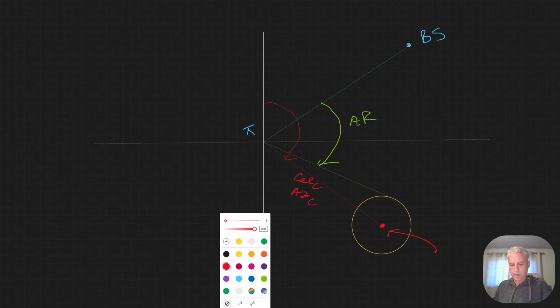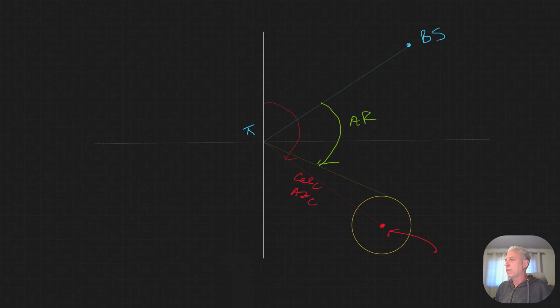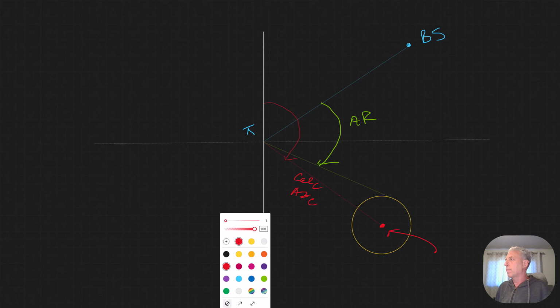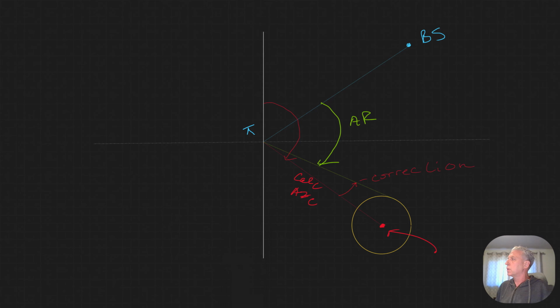And what else are we given? We're given this corrected value here too. So this is our correction to get us to the center of the Earth. And what we need to come up with for problem 5 is the azimuth of the backsight.